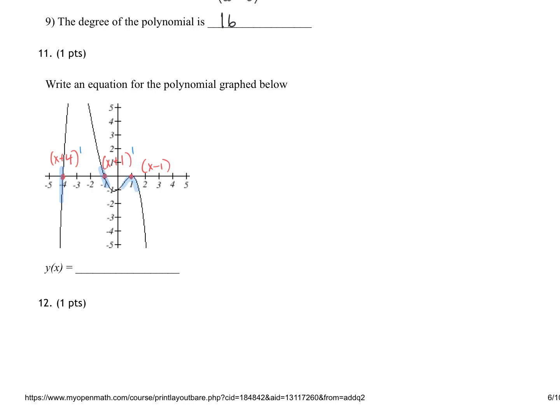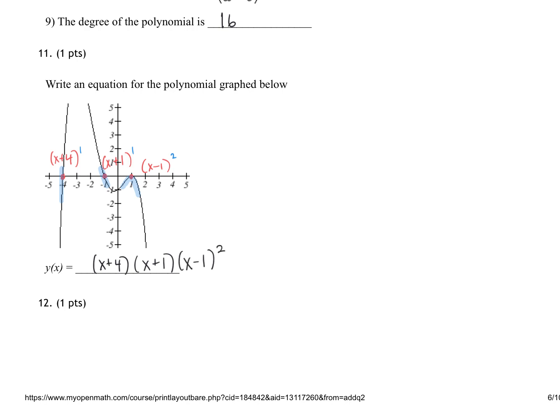It's bouncing back down. It's staying below the line. So that means it needs to be an even exponent, and I'm going to use a 2. Any even exponent you could use. I usually use the smallest exponent that's either even or odd. So I have x plus 4 to the first, x plus 1 to the first, and x minus 1 squared.